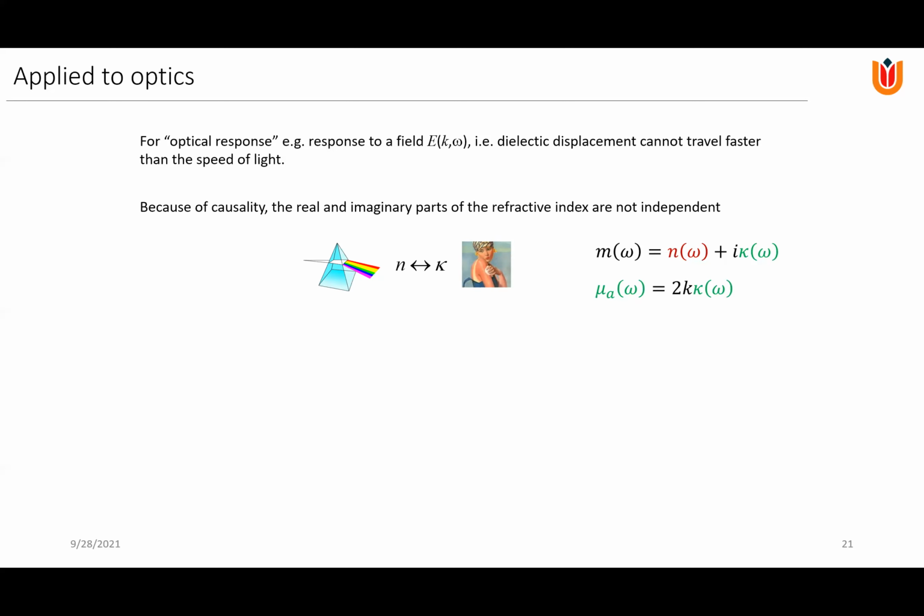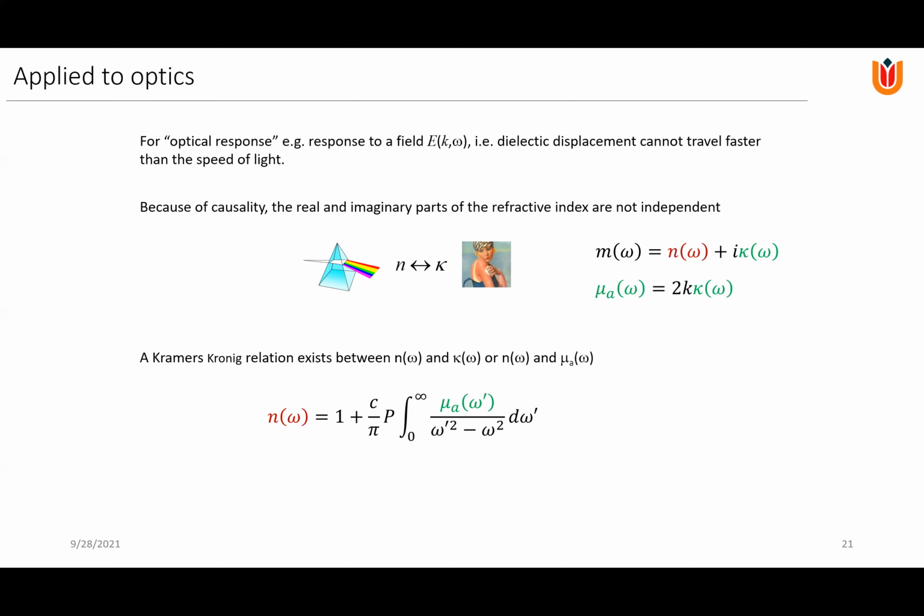The point that I want to get across today is that because of causality, the real and imaginary parts of the refractive index are related, or more formally, are not independent. Which also implies, by the equation that we now have, that the real part of the refractive index is not independent from the absorption coefficient.